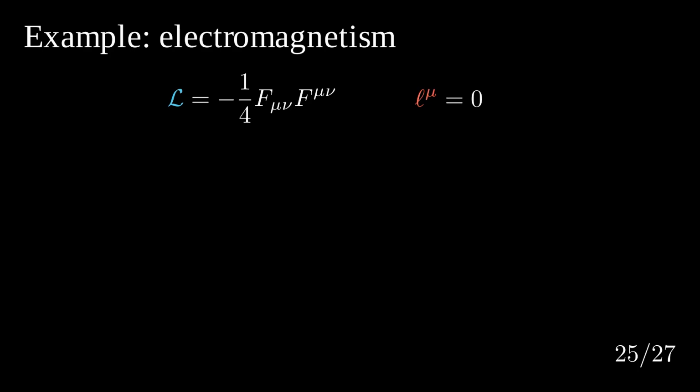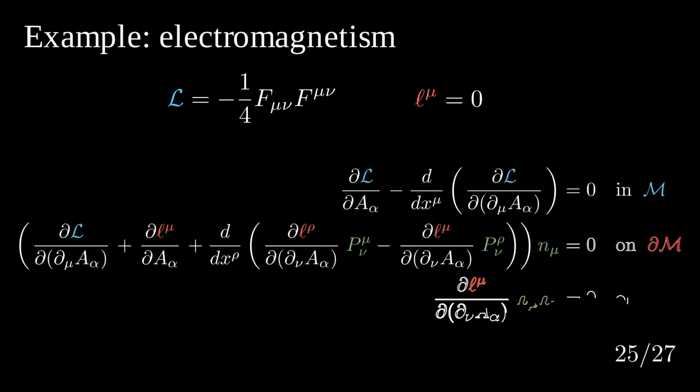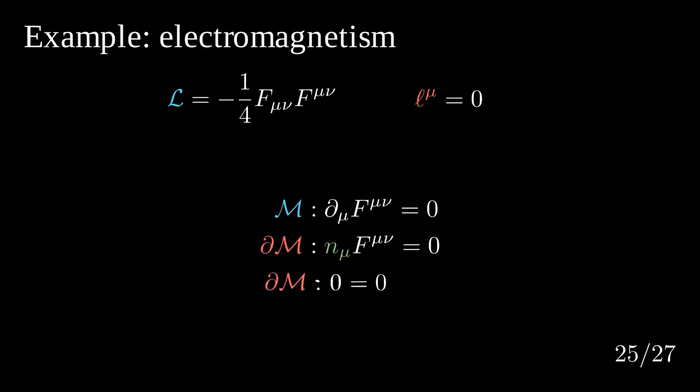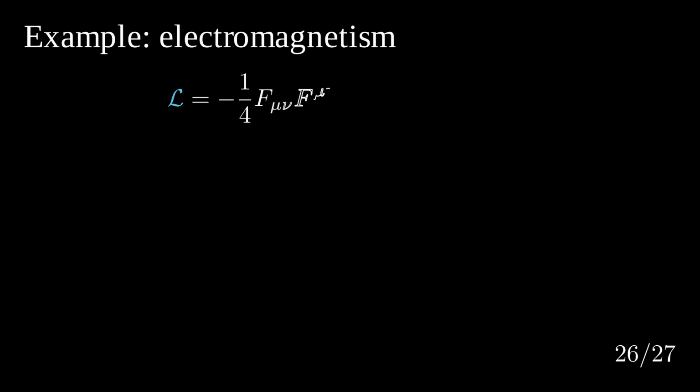For electromagnetism, we can do the same. We have these Lagrangians, and we can plug in the equations of motion, leading to the typical equation of motion of electromagnetism, but fixing this boundary condition on the boundary, which is kind of a Neumann boundary condition, and using this other Lagrangian on the boundary.